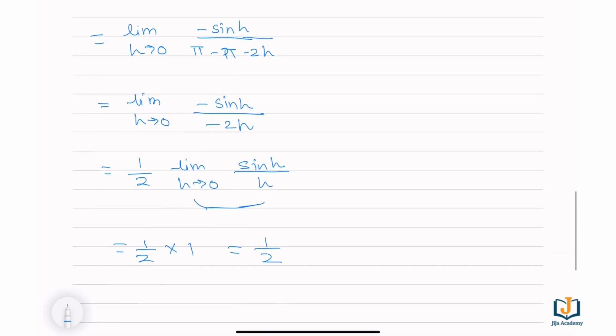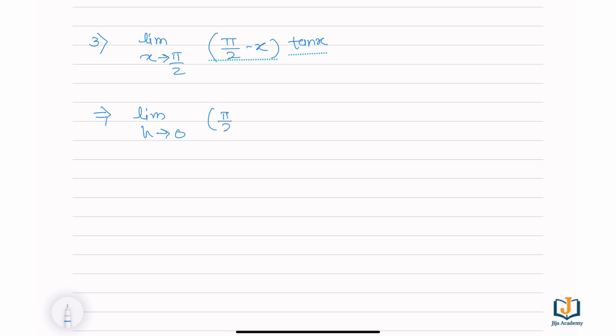Moving to the third problem. Third problem is the limit as x tends to pi by 2 of pi by 2 minus x times tan x. This is the important problem. Here the limit as h tends to 0 of pi by 2 minus pi by 2 plus h times tan of pi by 2 plus h.